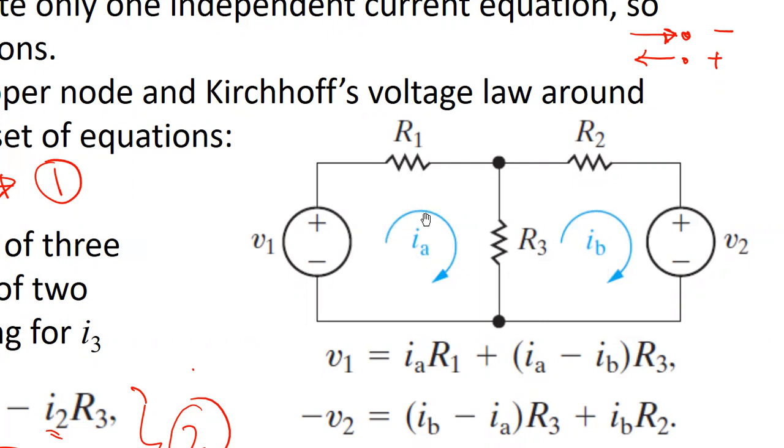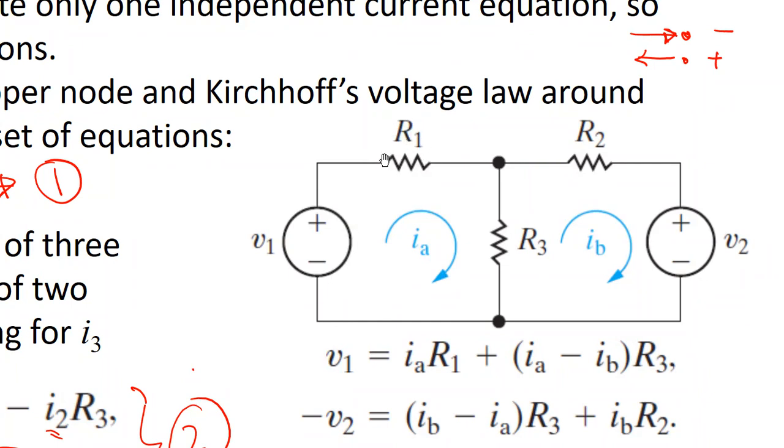Now, please listen to me carefully. This voltage source, if you go in this direction, will be in the direction of voltage rise, right? And it will be minus V1. But if you take it to the other side of the equation, it will be V1. Now I want to write the voltage drop across this resistor.